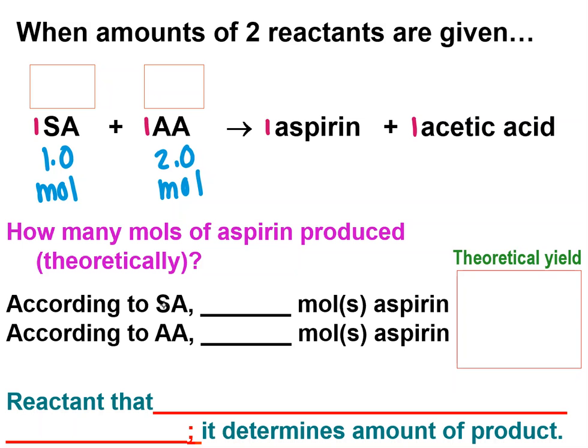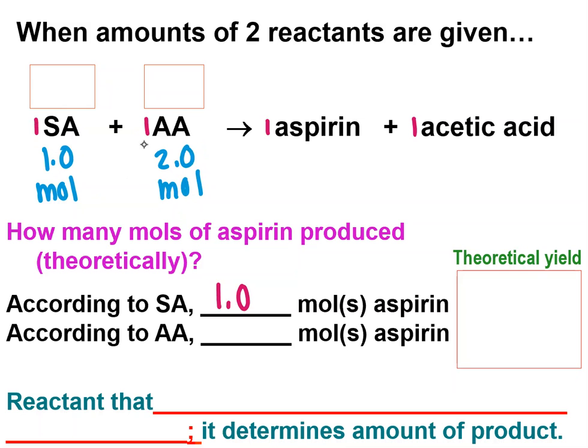So I'm going to start by looking at the salicylic acid. There's 1 mole. If all of that reacted, I would get 1 mole of aspirin. And then I'm going to ignore salicylic acid and look at acetic anhydride.